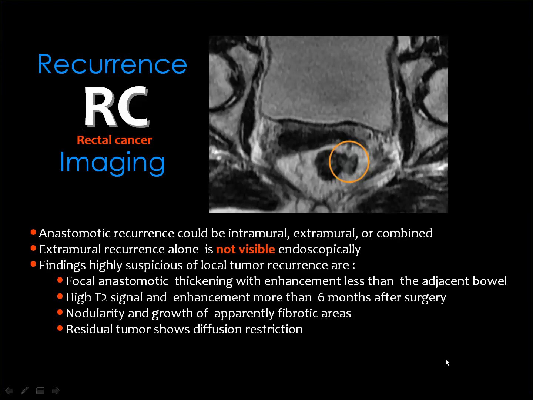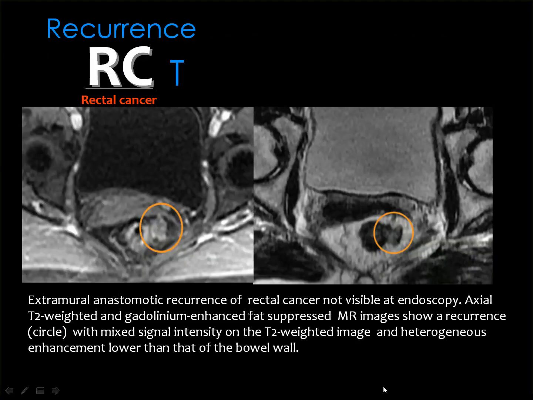This is what we call an extraluminal or extramural tumor recurrence that is not feasible to be detected by the endoscope. But this is an example of a recurrent lesion in the rectal wall within the confinement of the mesorectal fascia.